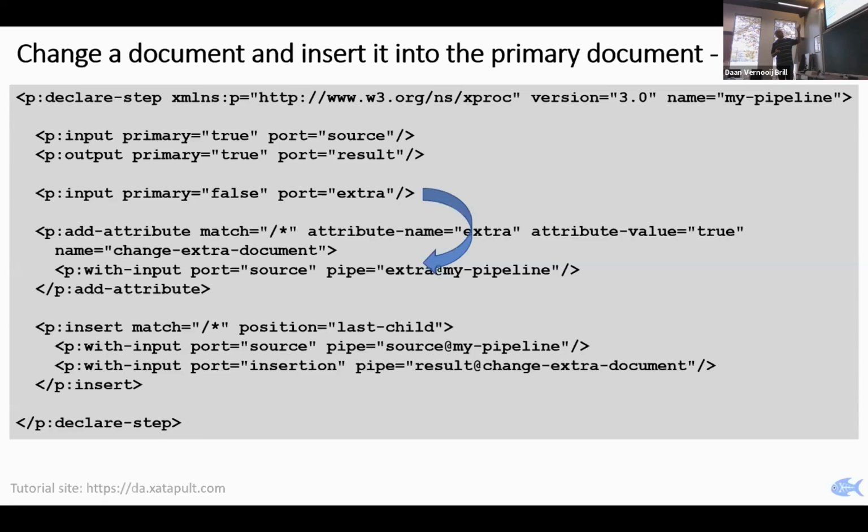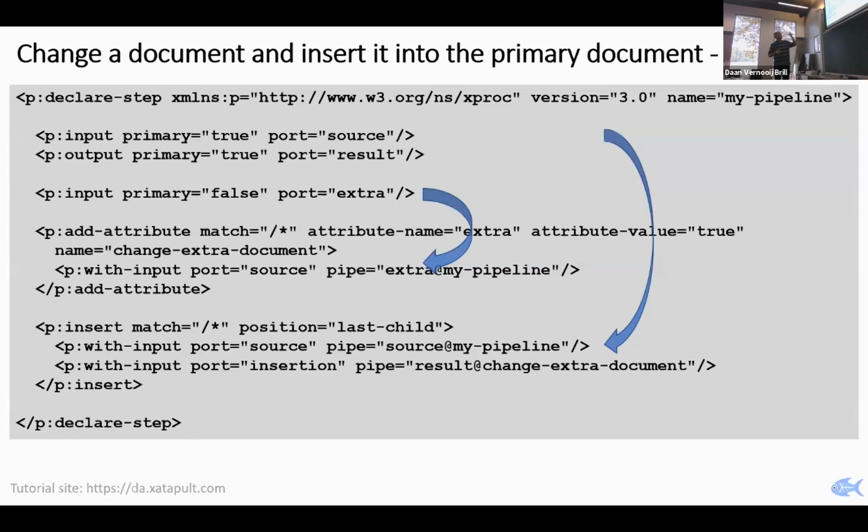So what we now do, we use this non-primary port. We put the input into the P add attribute, which adds an attribute. Then we have a source port, where we want to insert something into the document that comes in there. But the P insert step is no longer the first step in your pipeline, so the implicit connection no longer works.